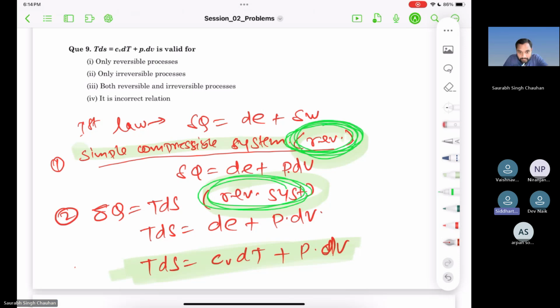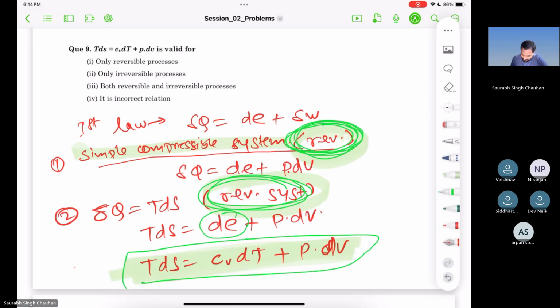Internal energy is there. It is a point function actually. Okay, internal energy is a point function. Actually, all of the terms involved in the final form are point functions. Temperature is a point function.